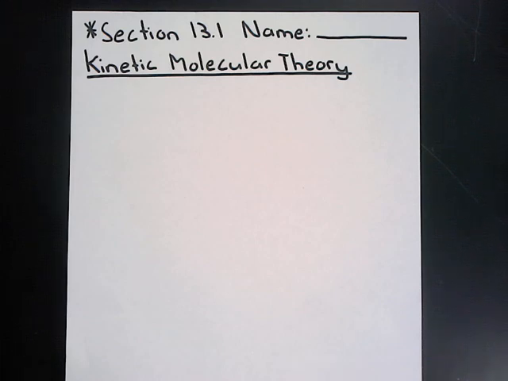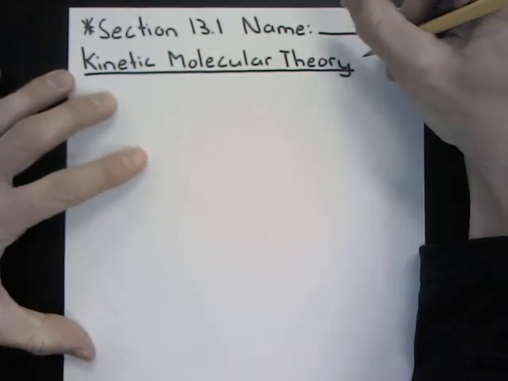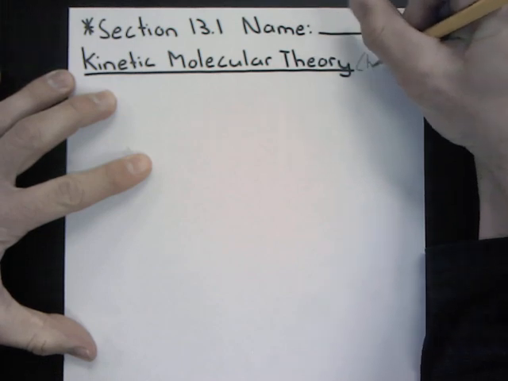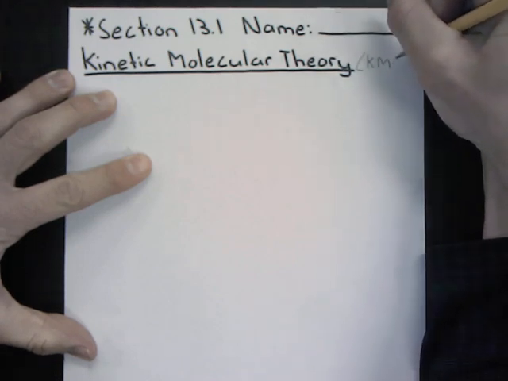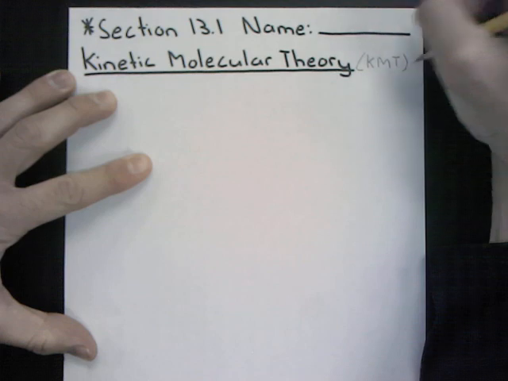So we begin our in-depth look into each of the three states of matter. And to describe matter, we're going to use the kinetic molecular theory. Oftentimes we're going to abbreviate the kinetic molecular theory as KMT.